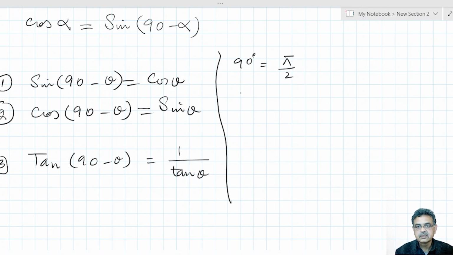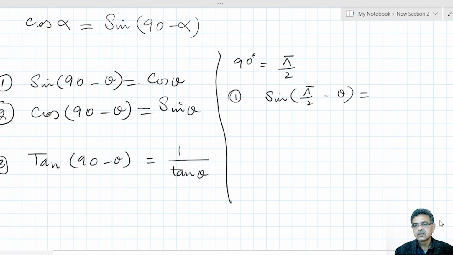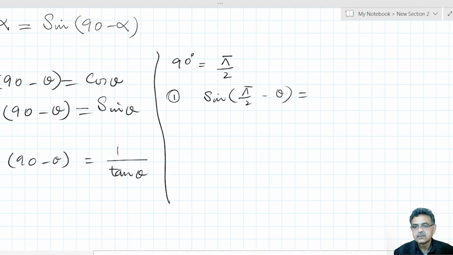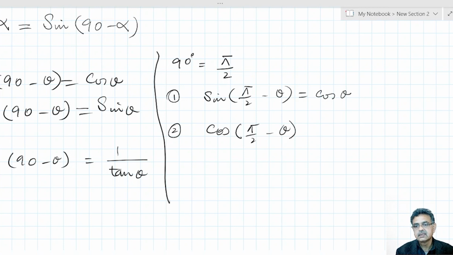So the same properties we can write in terms of radians: sine of pi over 2 minus theta, that is 90 minus theta, is equal to cos theta. And second, cos of pi over 2 minus theta is equal to sine theta.